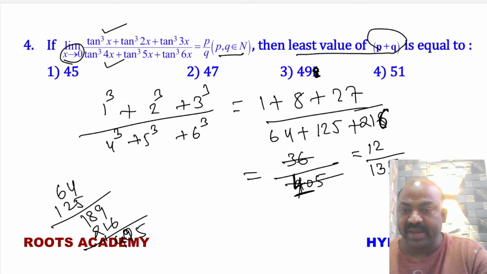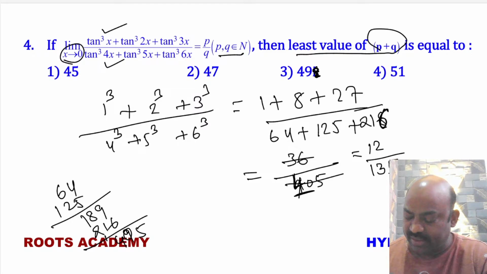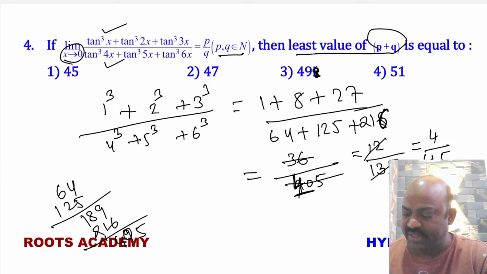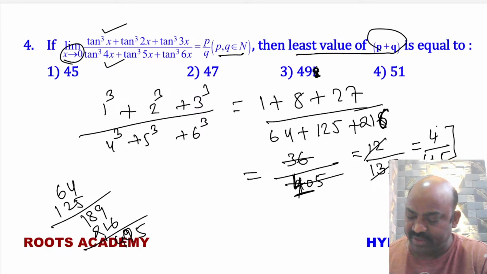I think again you can cancel, right? Check it again with the 3. 4 times and this is 45. So these are the terms. I think they won't get cancelled. Now add both. So the answer is 4 plus 45, it's 49.